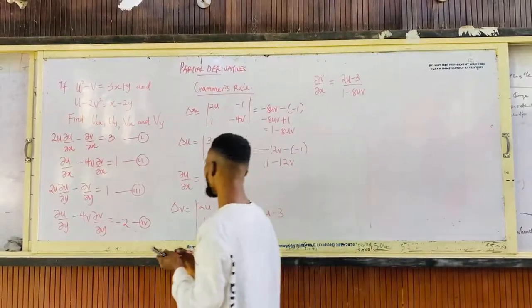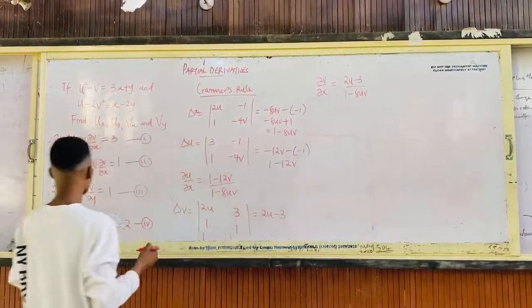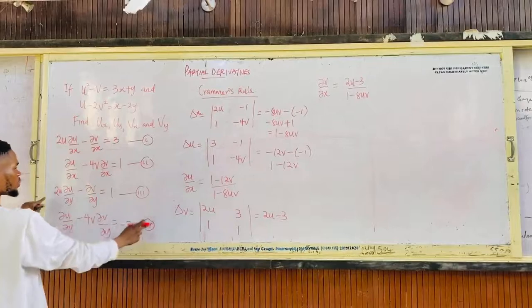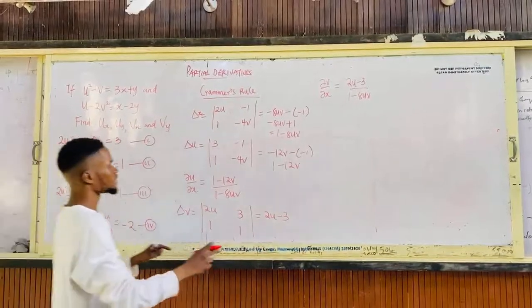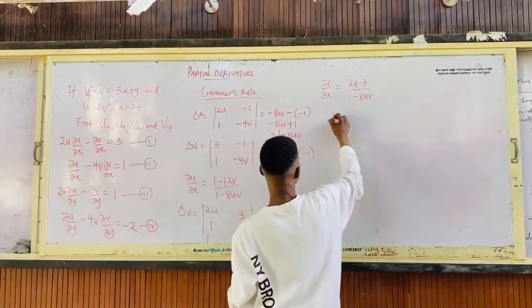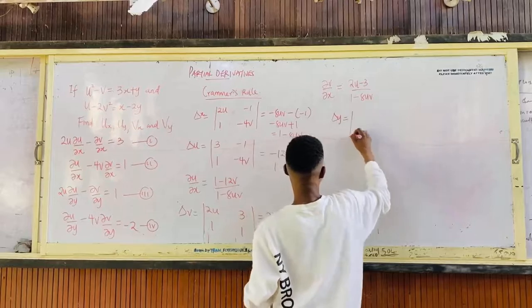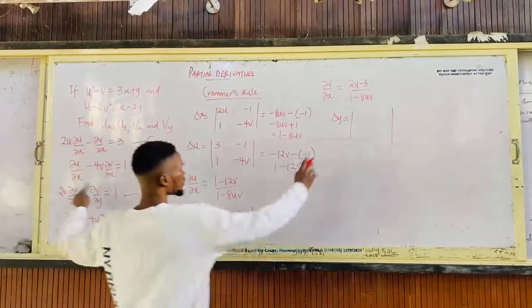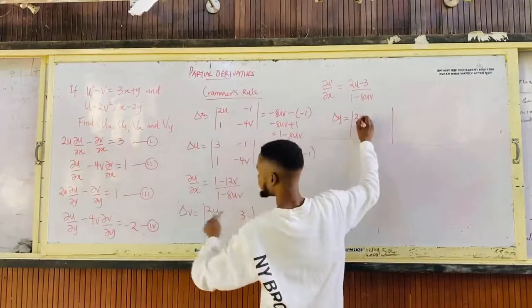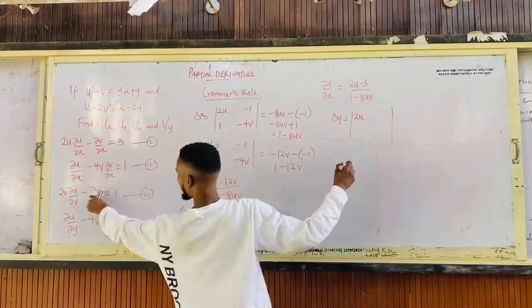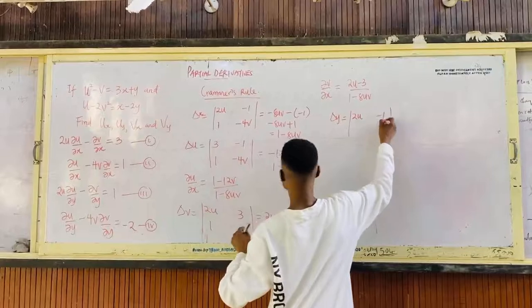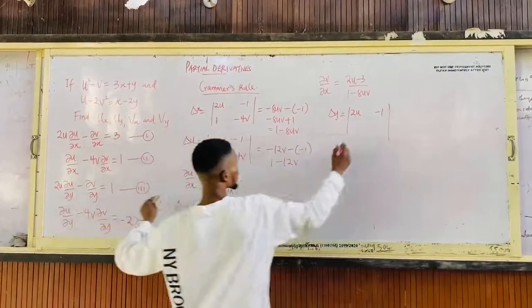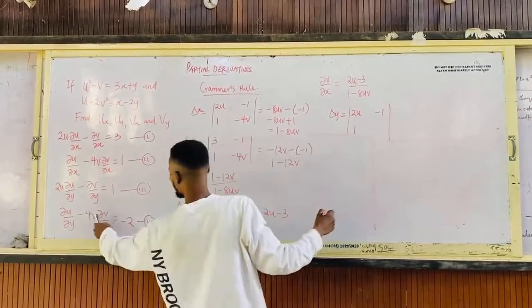That's the u del x and the v del x. Now also, equation 3 and equation 4. That means our change in y will be the determinant of this: 2u, the coefficient here is minus 1, the coefficient here is 1, and the coefficient here is minus 4v.